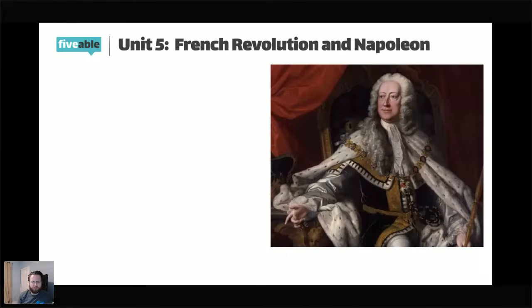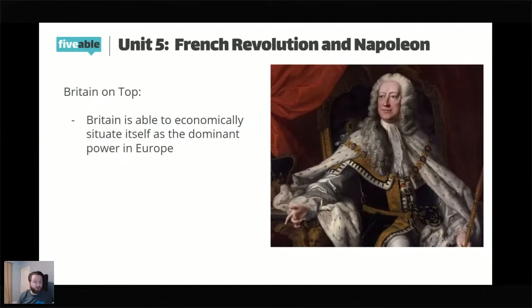With the British dominance, Britain is able to economically situate itself as the dominant power in Europe. They do this by doing a good job of staying out of continental affairs. Of course, they get involved with war in the colonies in North America, but for the most part, they do a good job of making sure that they're not really hardcore committing to anything on the continent.